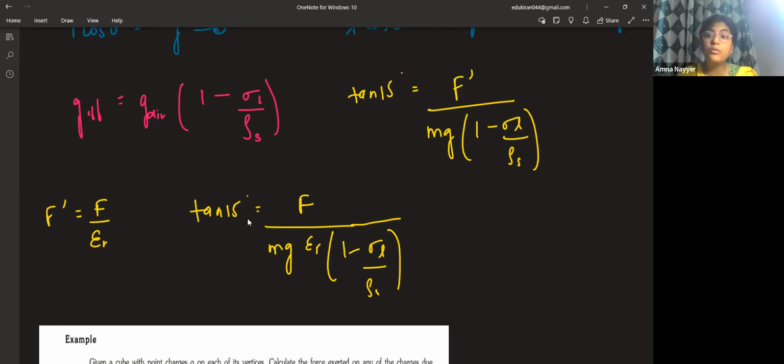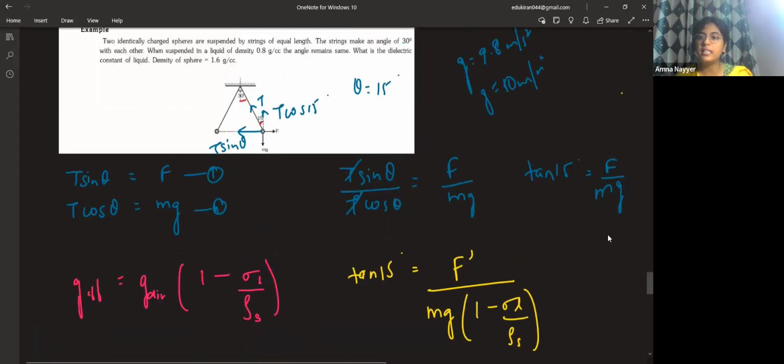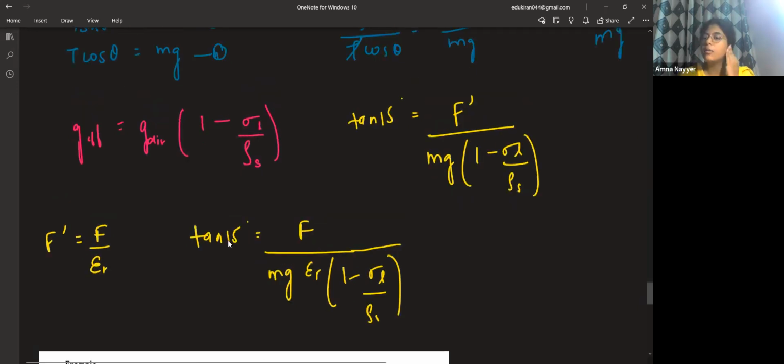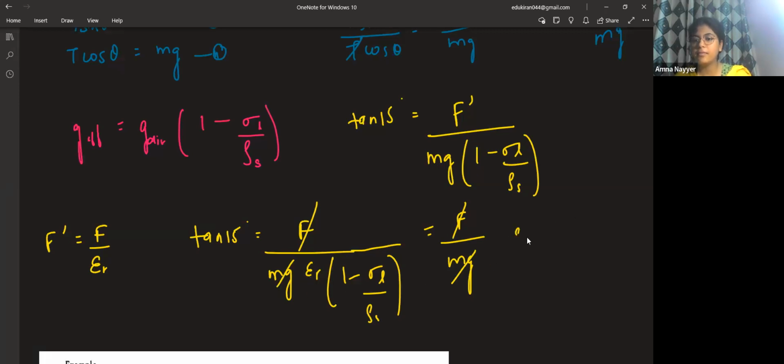And what is the value of tan 15 degree that we have obtained? Value of tan 15 degree is F by mg. We have already equated it as F by mg. So force and mg will get cancelled. So your epsilon r will be equal to 1 by sigma liquid by rho solid.